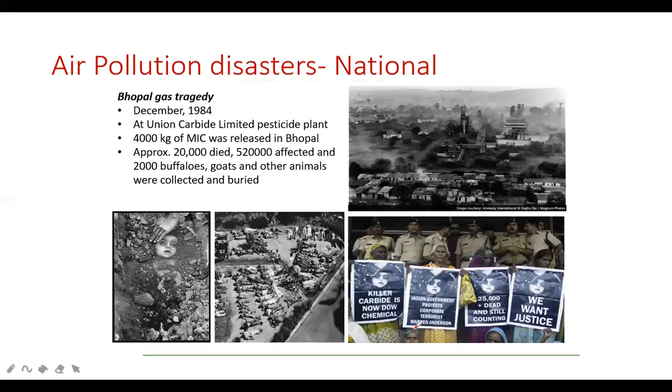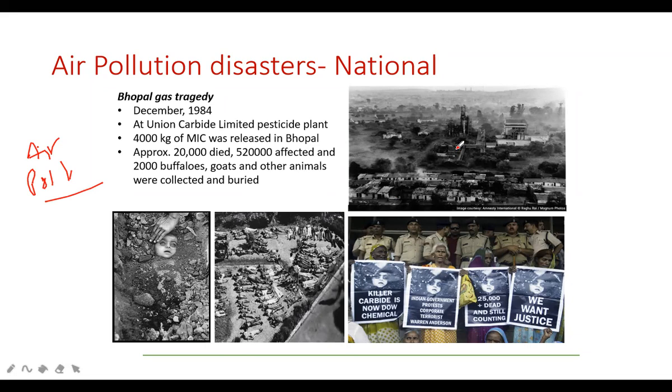The major disasters are called national, but they can be international disasters, because the Bhopal gas tragedy was a bigger disaster and the cause of maximum deaths, always for air pollution. How? Methyl isocyanate was released, and once it was released, it mixed with air.